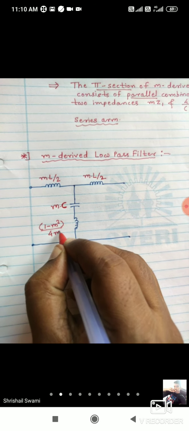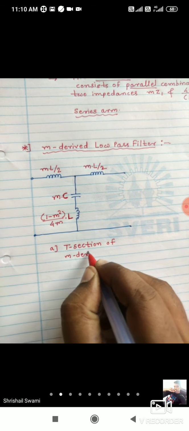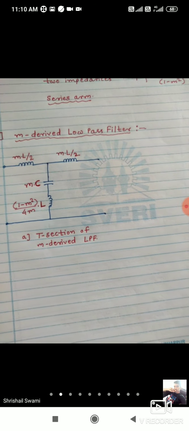Z2 by m is correct, but when it is a capacitor it is exactly the reciprocal, so actually m into C. And next, for the inductor, it is Z1 into 1 minus m square divided by 4m into inductor L. So this is called the T section of the m-derived LPF, m-derived low pass filter.